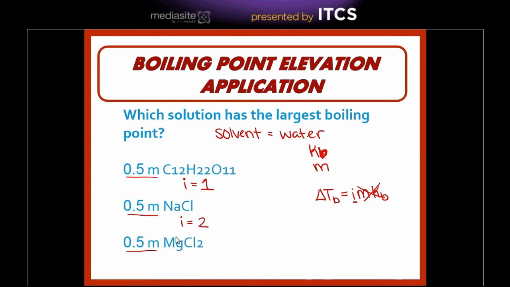If we look at MgCl2, which is a strong electrolyte as well, we have 1 magnesium ion in solution and 2 chloride ions in solution, so ultimately we have an i value of 3. So which solution has the highest boiling point? That's going to be our magnesium chloride because it's directly related to our highest i value.